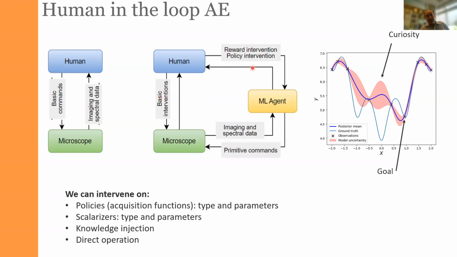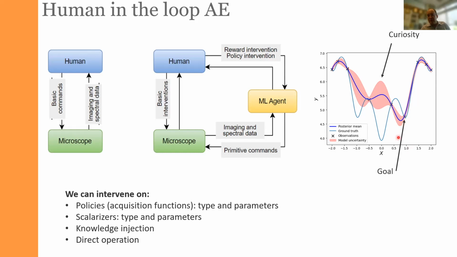The human monitors the performance of the machine learning agent and changes the policies that the machine learning agent follows. For example, we can increase the curiosity in the ML behavior, or we can change the goal which we want the exploration algorithm to pursue.